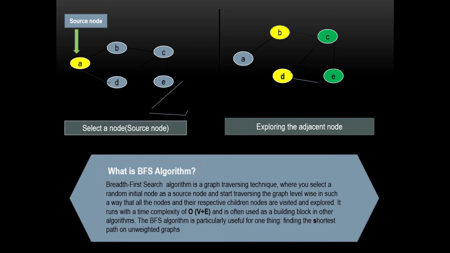It runs in a time complexity of O of V plus E, that is vertices plus edges, and is often used as a building block in other algorithms. It differs from depth first search in the way that it explores the graph. The breadth first search algorithm is particularly useful for one thing: finding the shortest path on an unweighted graph.